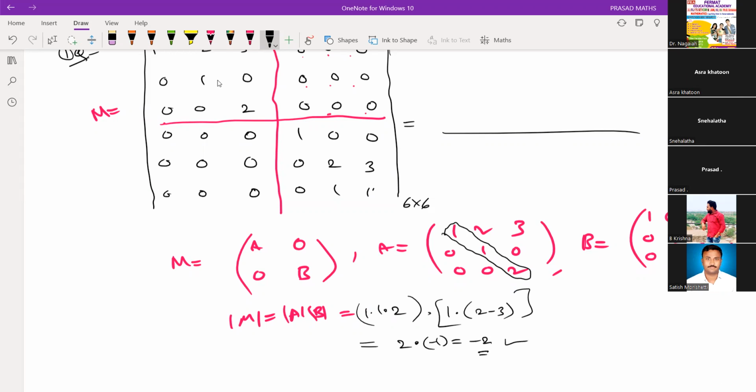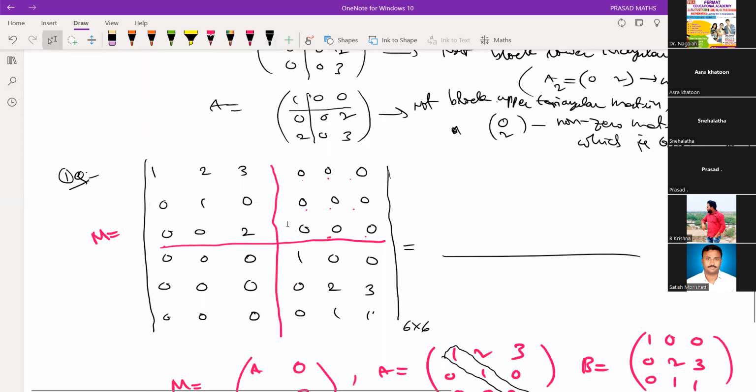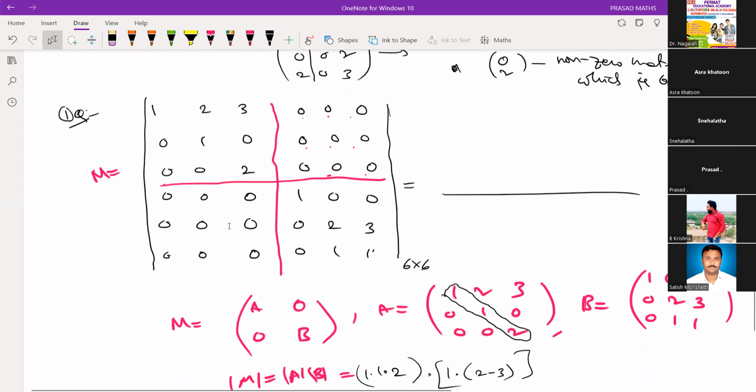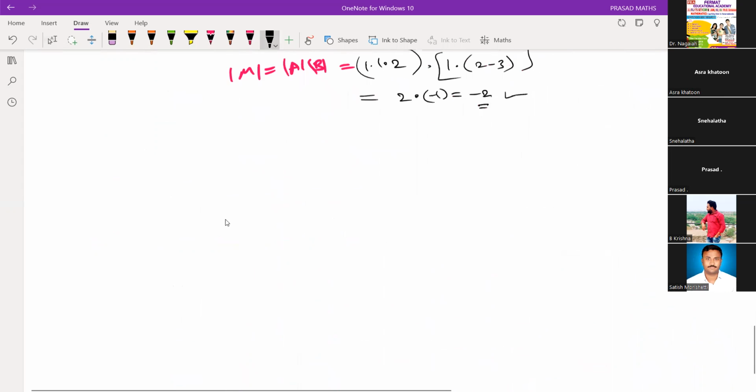So that is the product of blocks. Once you identify the blocks suitably, one can get the determinant, and also the characteristic polynomial, minimal polynomial and Jordan form. Very important and interesting.